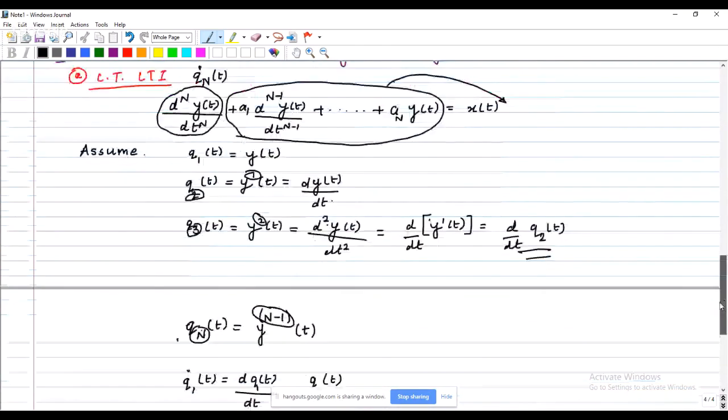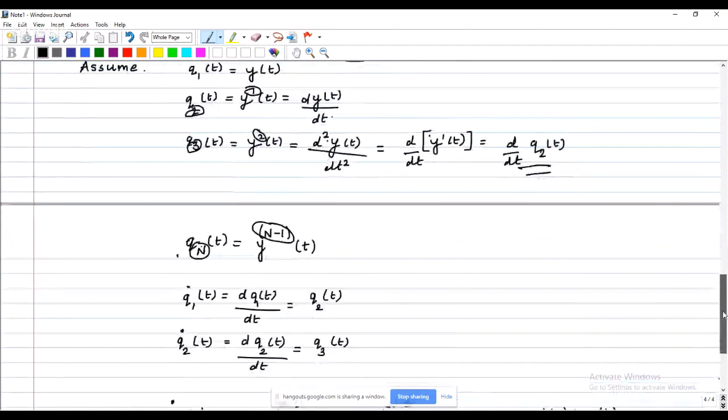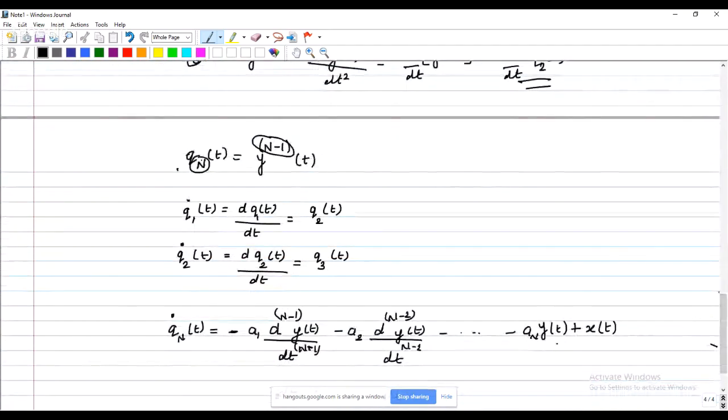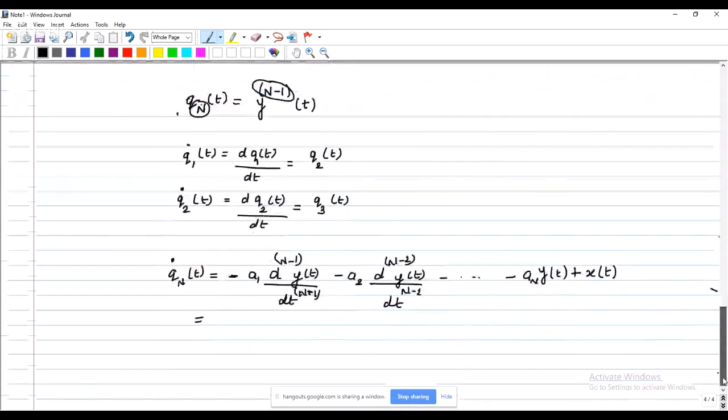Now what we do is we will put the variables. See here, y of t variable we have just put as q1 of t. Next will be q2 of t, and so on and so forth. This will be qn of t. So in the increasing order, I will write now.